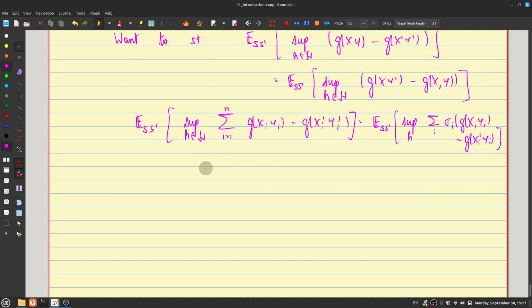Basically, if all of the sigma i's are positive, then the two are exactly the same. So for all sigma i which are less than 0, you just interchange xi prime yi prime with xi yi.